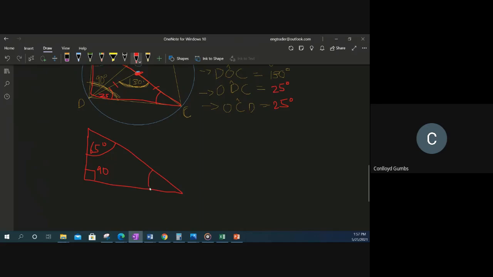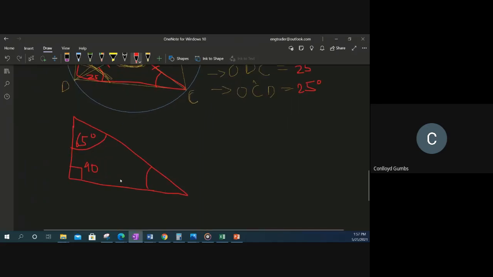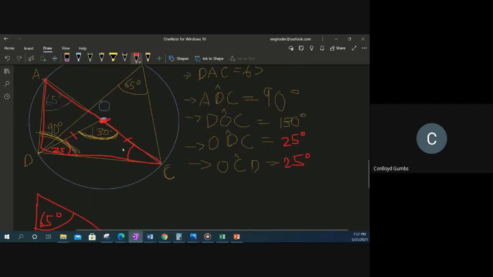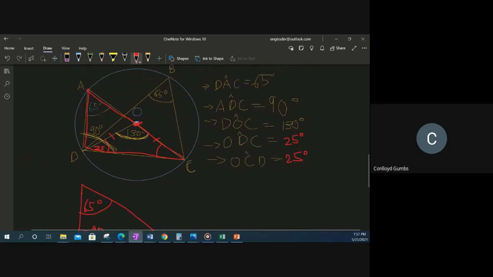Remember, the internal angles of a triangle must add up to 180. So 90 plus 65 is 155, and 180 take away 155 would give you 25 degrees. So all these here add up to 180. You see now there's a different way of doing it. In certain situations, there are different ways to work out the answers, so always be mindful of that when you're doing these questions.